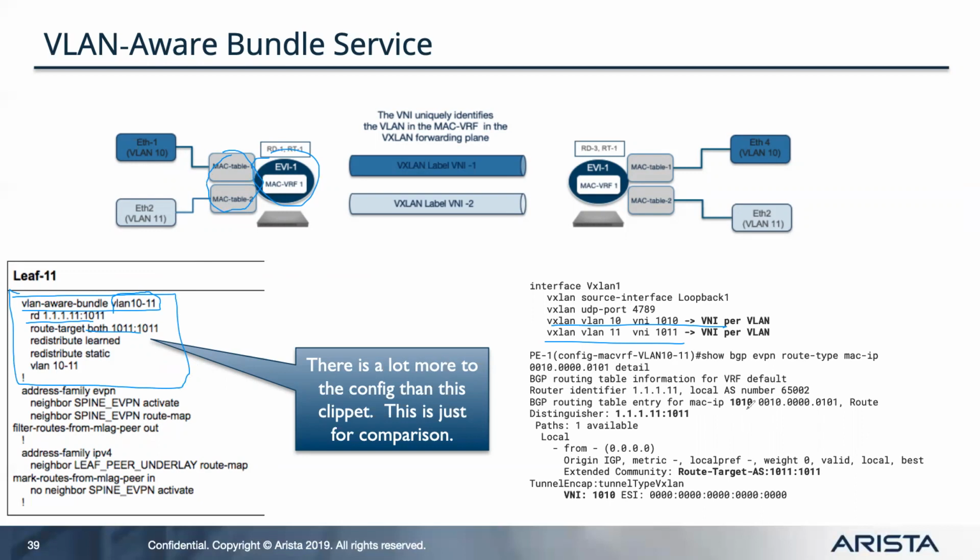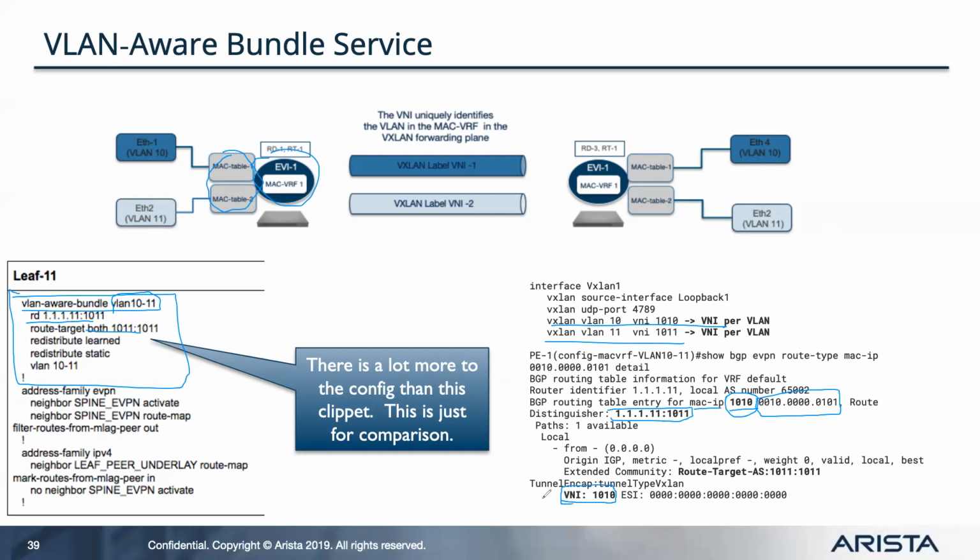When we send out this MAC information, this MAC address, we add the same route distinguisher. But if you notice here, we are adding this VNI also, to make the MAC IP route unique. So 1010 we are adding here and it is also here in the VNI.